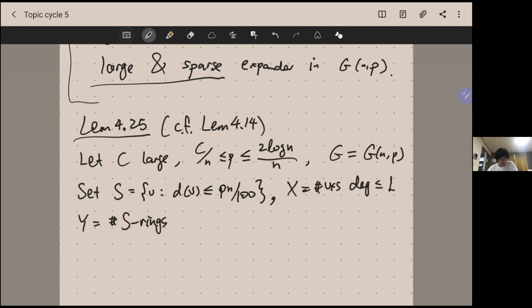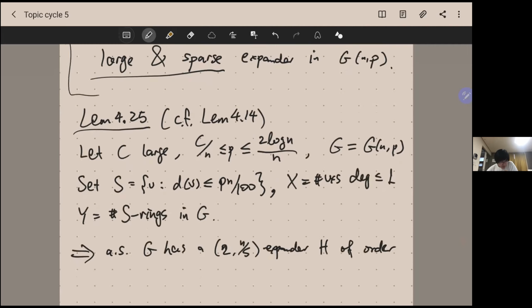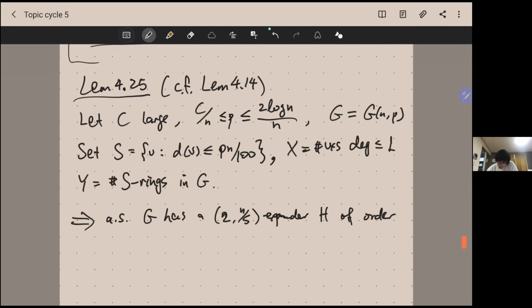We have to delete this set S, a similar process in G. Okay, the conclusion is that almost surely G has a 2n over 5 expander H of order such that H is large.